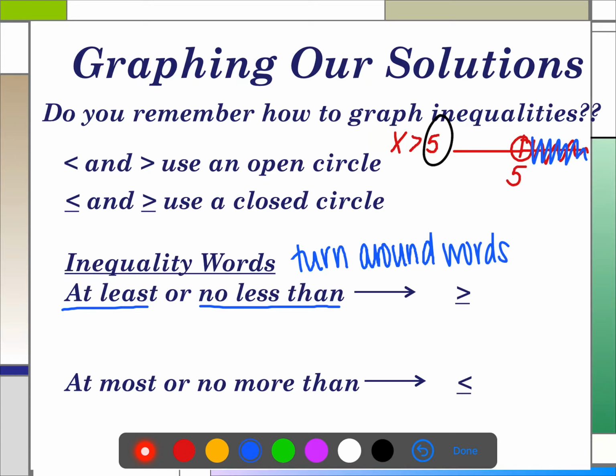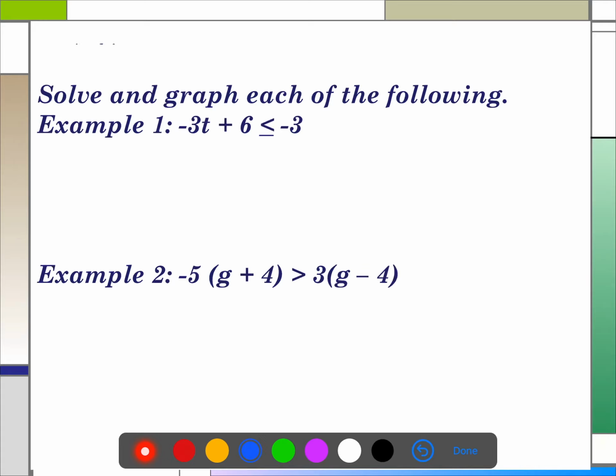It says at least, but it's actually referring to a greater than. And then at most or no more than, those are less than or equal to. We want to make sure that we have those two down when we are translating.